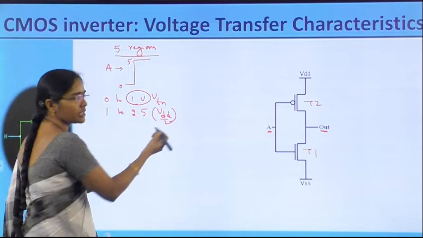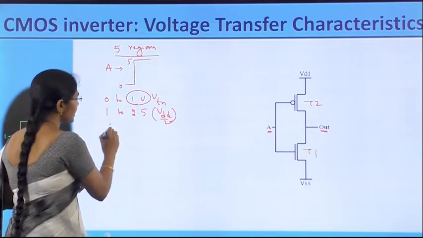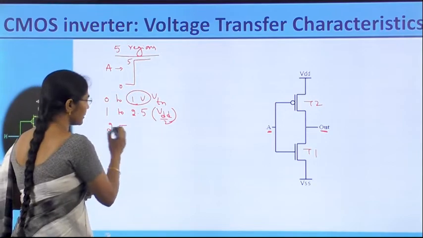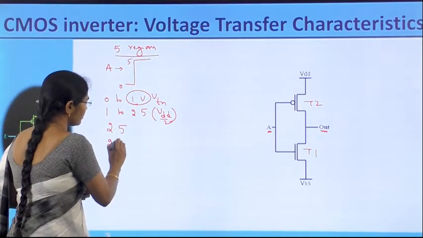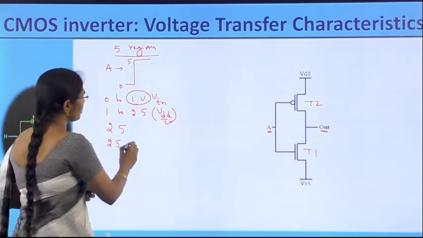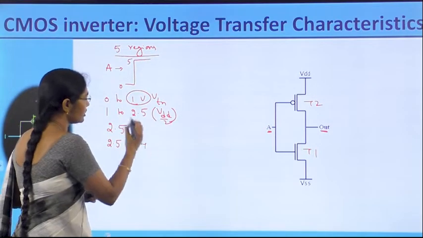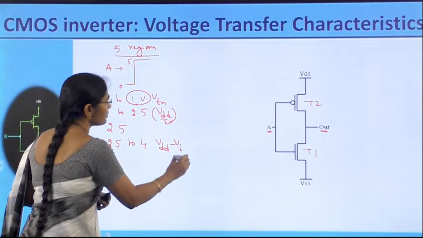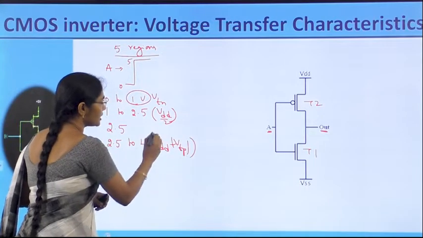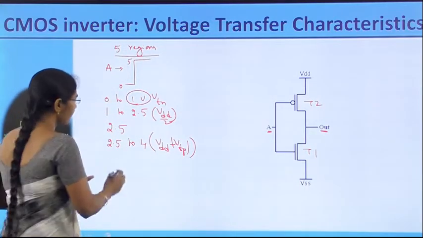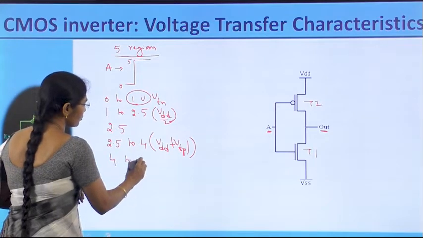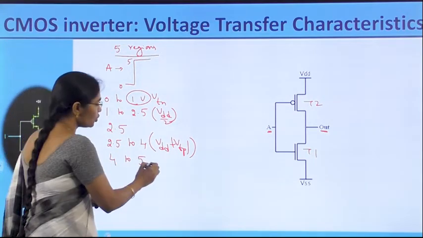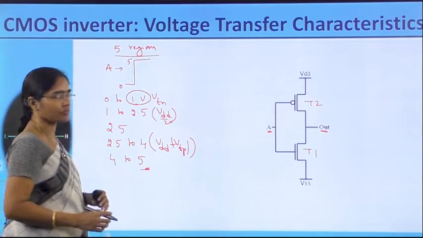So, VTN to VDD by 2, and the third region we take as 2.5 volts, that is VDD by 2. Now VDD by 2 to some 4 volts, that is VDD minus mod VTP, and then from 4 to 5 volts, that is VDD minus mod VTP to VDD.